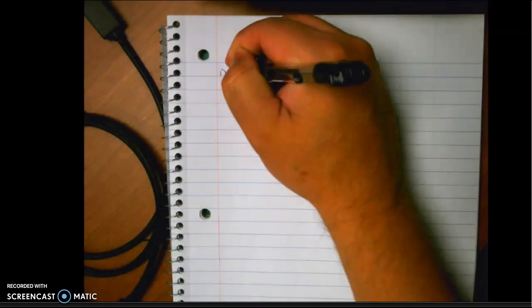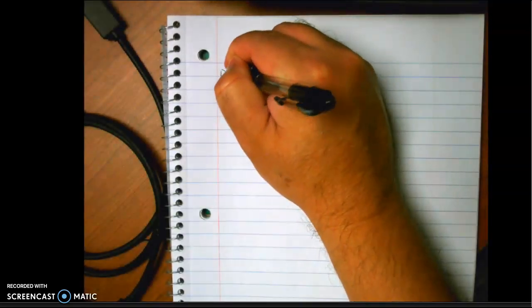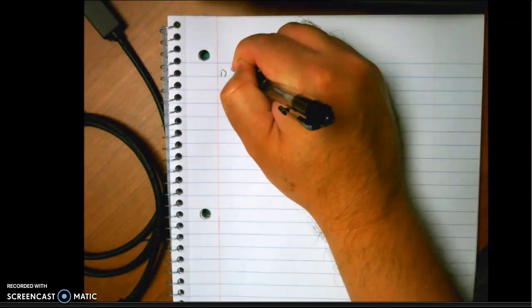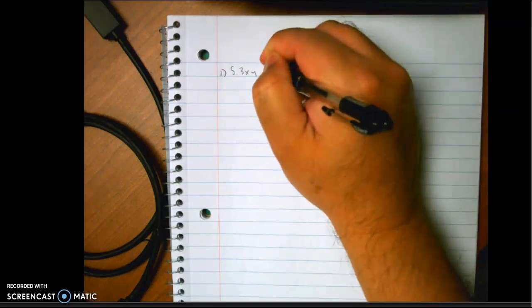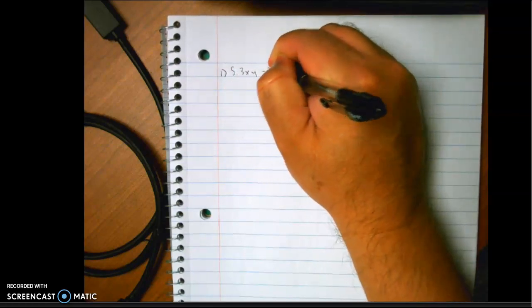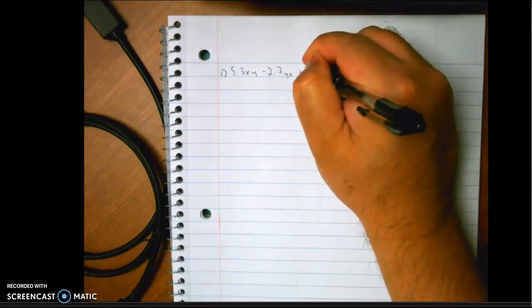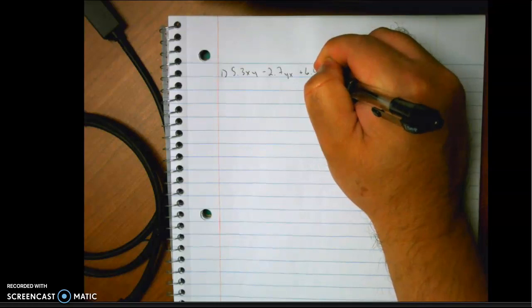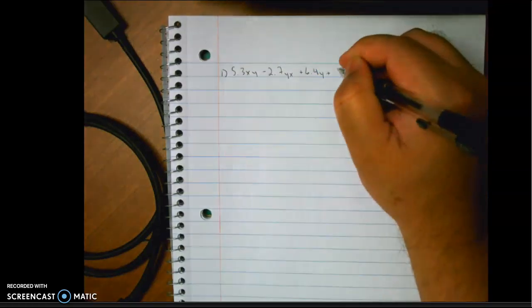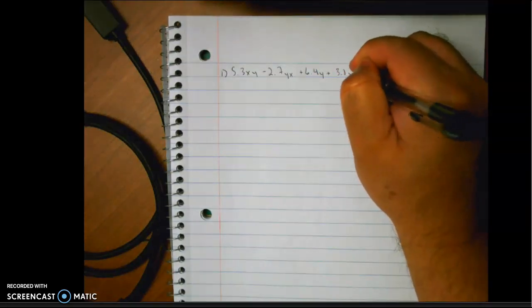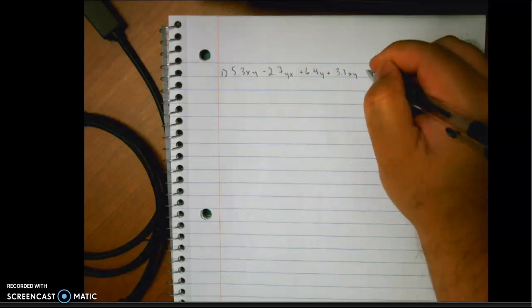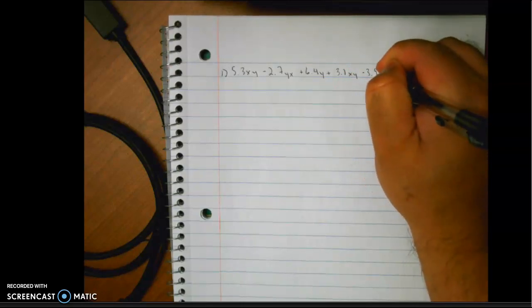Number one, we had 5.3xy minus 2.7yx plus 6.4y plus 3.1xy minus 3.9y.